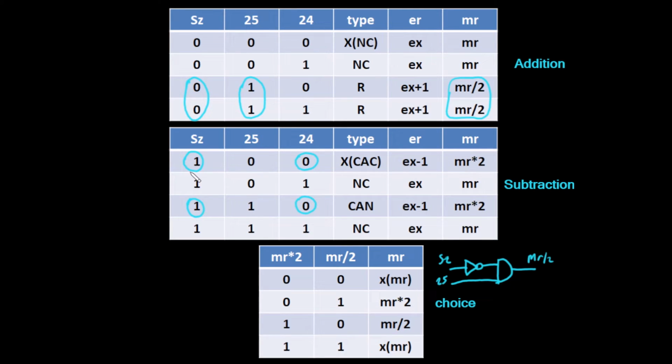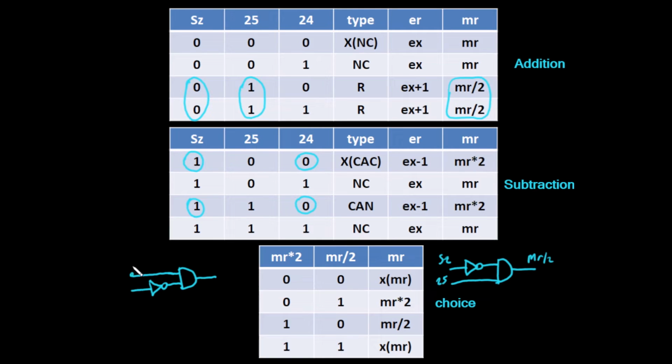So it means that we can draw out this little circuit in order to get the MR times 2. We can have SZ is going to be high, so we can just put SZ in, and the value for bit 24 would be low, so we could put bit 24 through a little inverter and then pop that through an AND gate and take the output here.